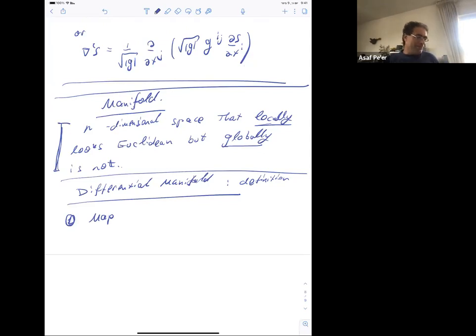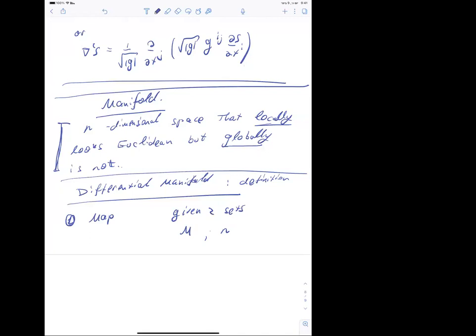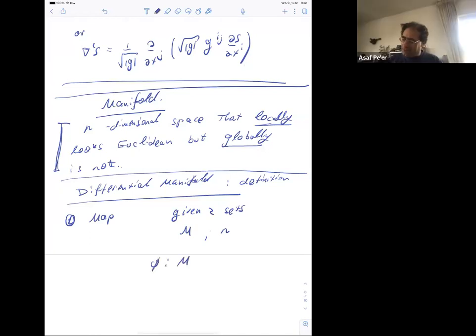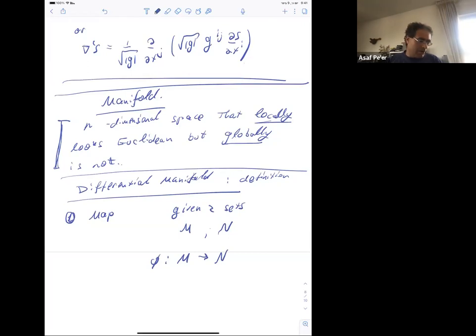Okay, so a map between two sets. Given two sets, M and N, I have a map phi between M and N. This is a relationship that assigns for each element of M exactly one element of N. This is the generalization of what we call functions.